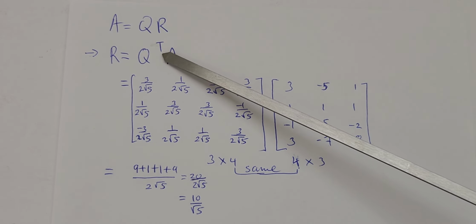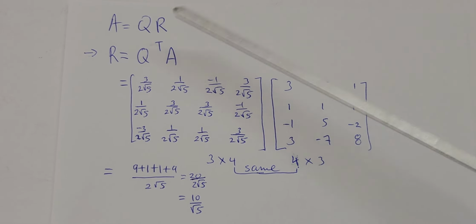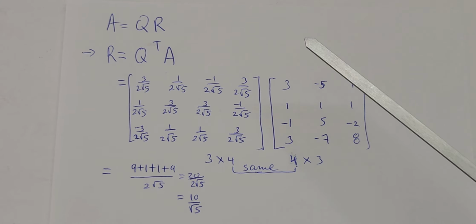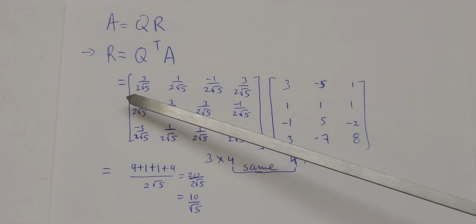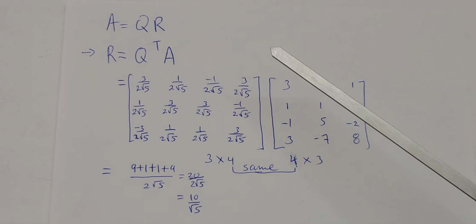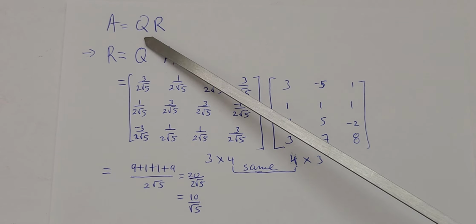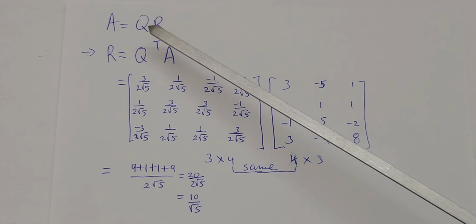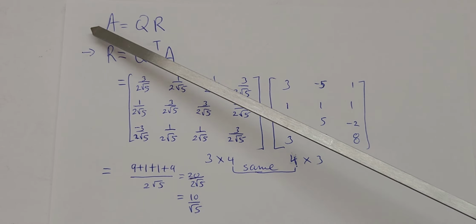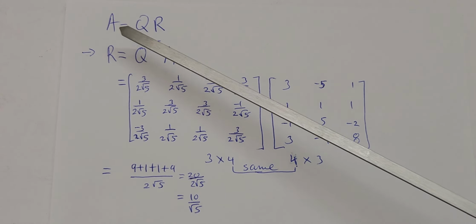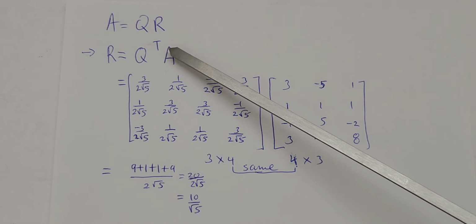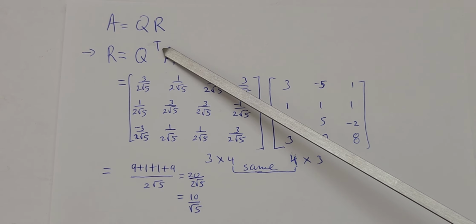This T means transpose. When you transpose something, you're just changing columns to rows. One more time, we already have Q and we want to know R, so bring Q over to the other side, and when I bring it over, it becomes the transpose.